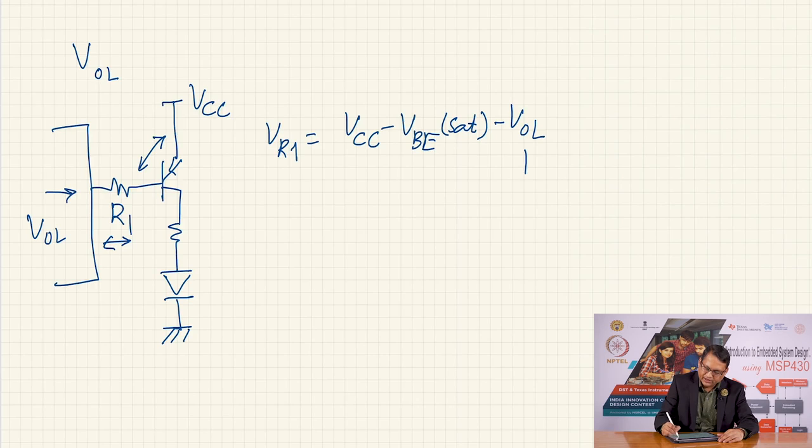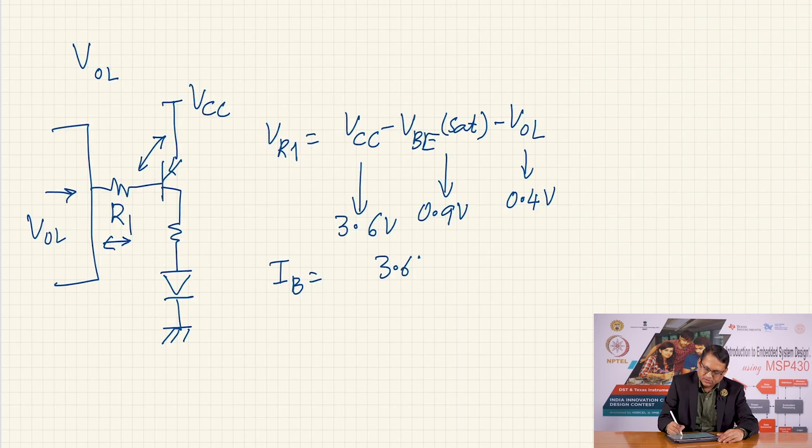Let us say VOL is 0.4 volts, VBE sat is 0.9 volts, and let us say VCC is 3.6 volts. Therefore, the base current IB will be equal to 3.6 volts minus 1.3 volts, the sum of these two voltages, divided by R1.